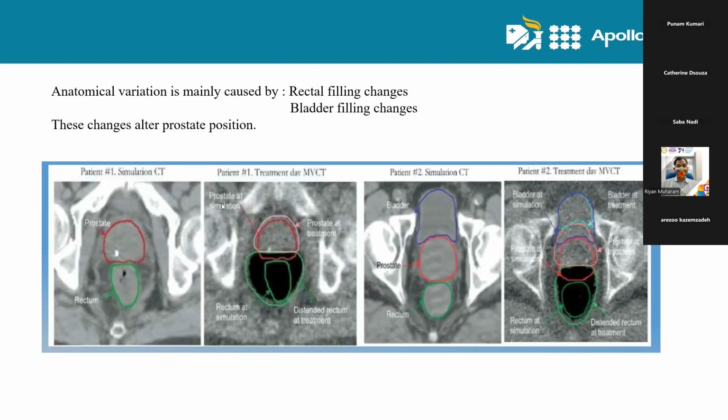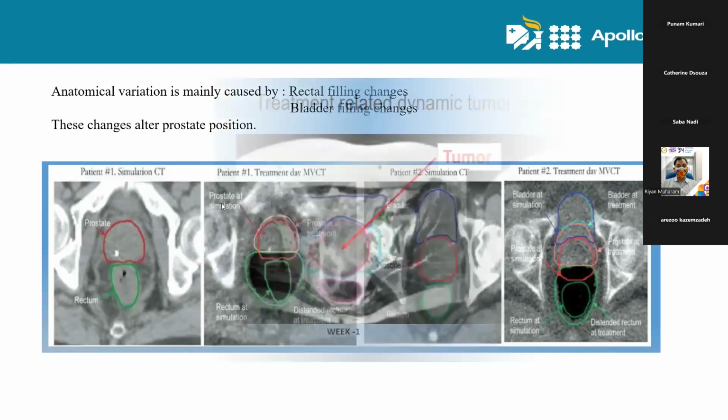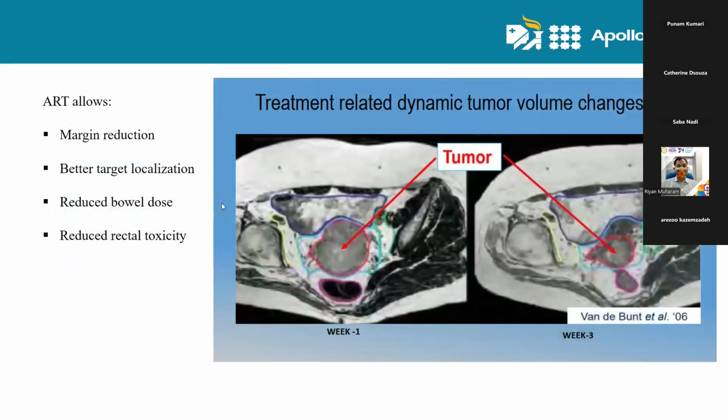That's why we can proceed with ART in this case and get a very significant result. We reduce the margin, improve target localization, reduce the bowel dose, and reduce rectal toxicity.